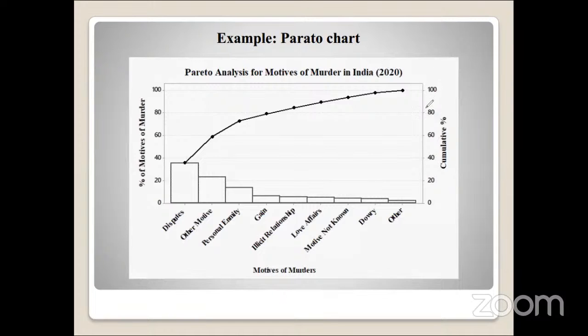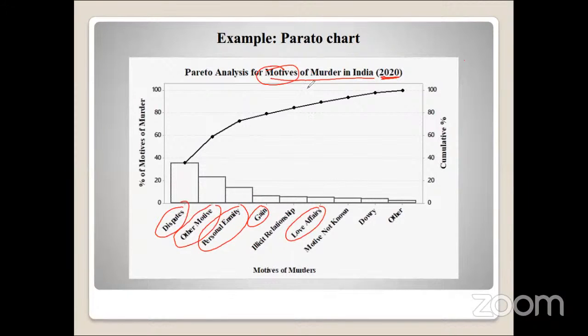Okay, look at this. This is the data on murders in India in 2020. With different motives, murders are done. These are the different types of motives I have taken: disputes, personal enemy, gain, love affairs.